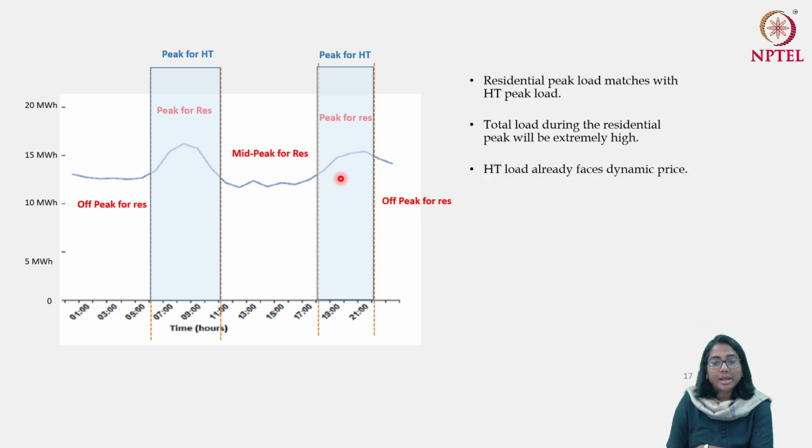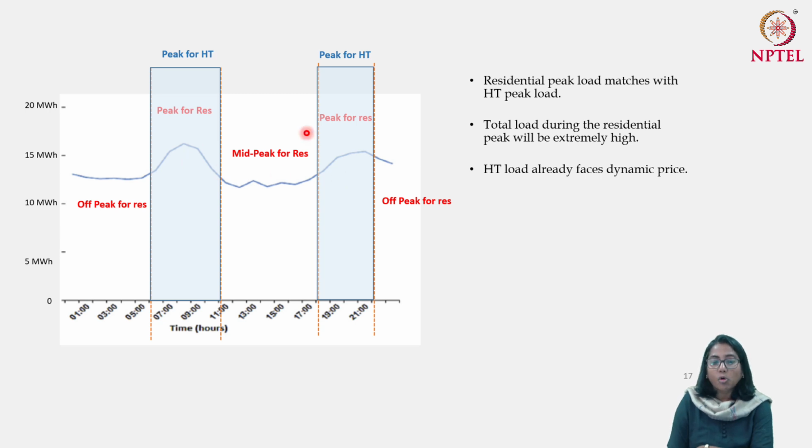Another thing you have to keep in mind is that the load curve for the high tension users is in response to dynamic pricing. So they are already facing dynamic pricing, and their load distribution is kind of stable.